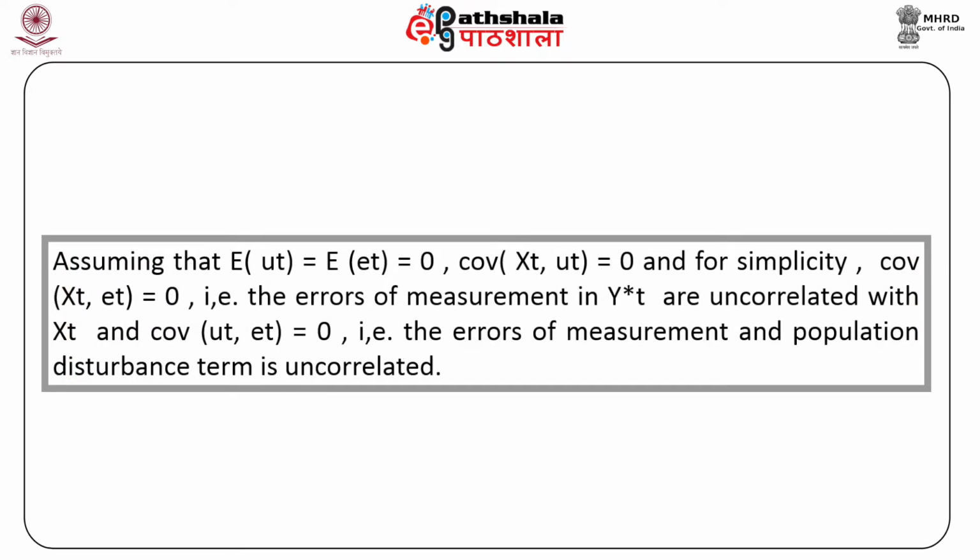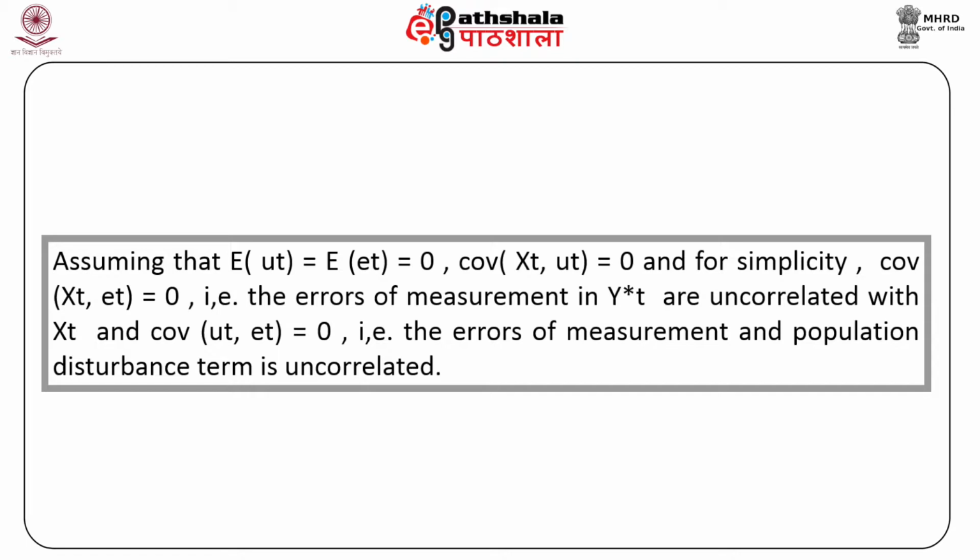Assuming that expectation of mu_t is equal to expectation of e_t is equal to 0, covariance x_t mu_t is equal to 0, and for simplicity, covariance x_t e_t is equal to 0. That is, the errors of measurement in y_t star are uncorrelated with x_t, and covariance mu_t e_t is equal to 0. That is, errors of measurement and population disturbance term are uncorrelated.